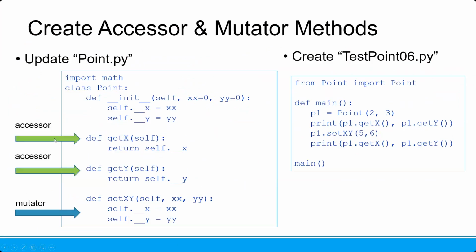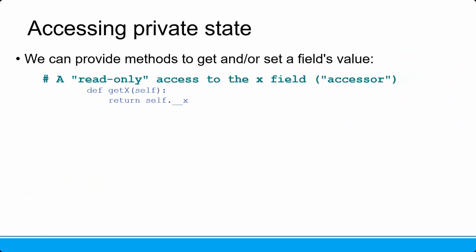So I'm updating with 2 accessors and 1 mutator. So we can provide methods to get or set a field value. In this case, it is read only. You know the meaning of read only?